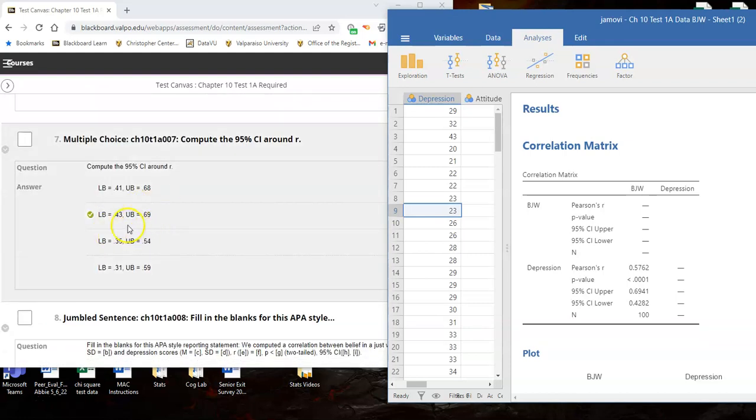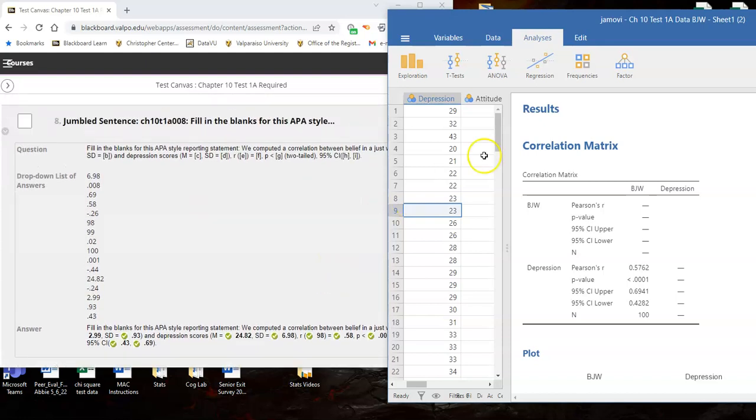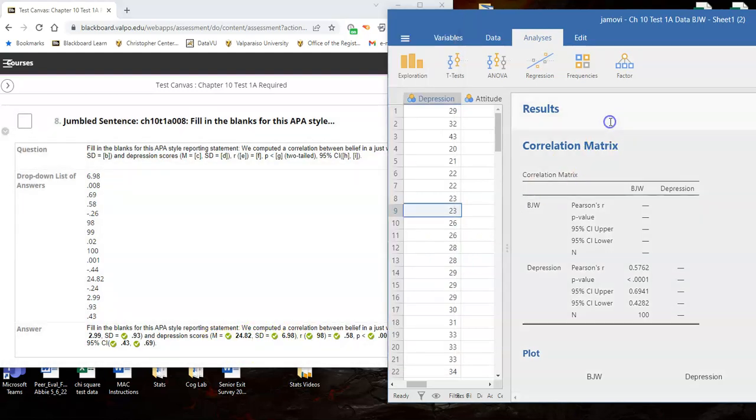And then you need the upper bound and lower bound for the r, and here they are. Then you need to report all of the statistical information, and you'll need the means and the standard deviations for each of the variables independently. So we don't have that yet.